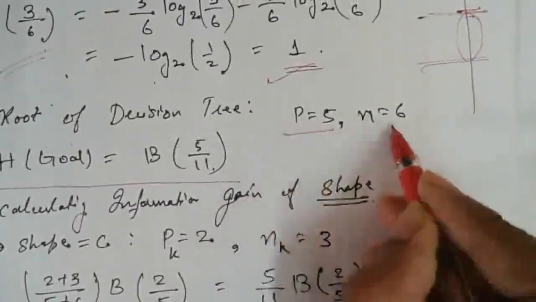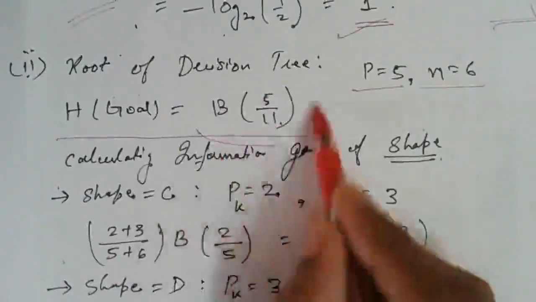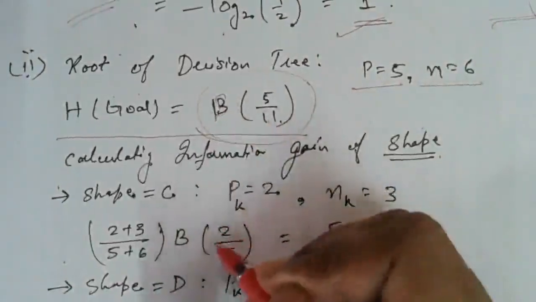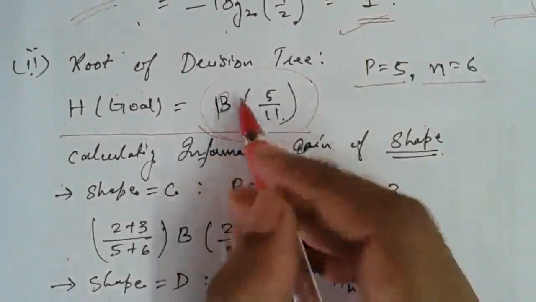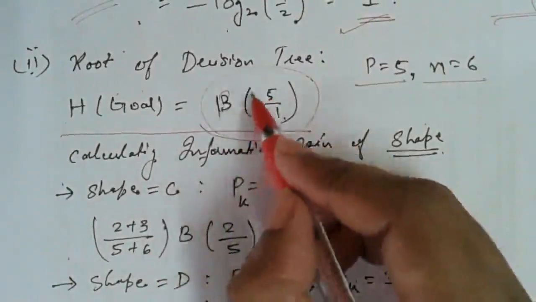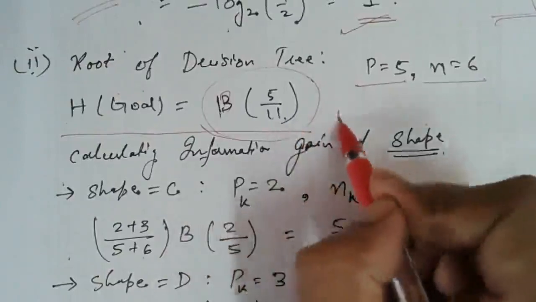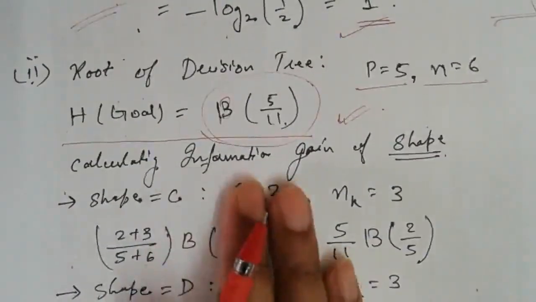So P is equal to 5 and N is equal to 6, and H goal is basically the binary entropy. I am writing B for short for the binary entropy. So the B function you can take as a function. So B of 5 upon 11 gives you the entropy of the complete decision tree, the complete data table.